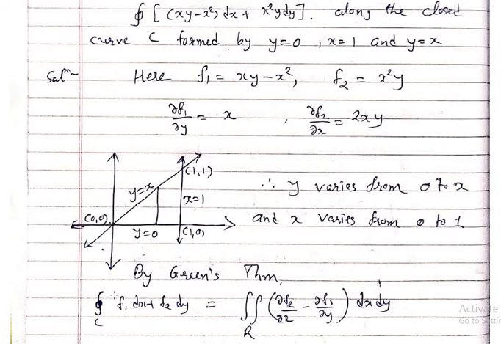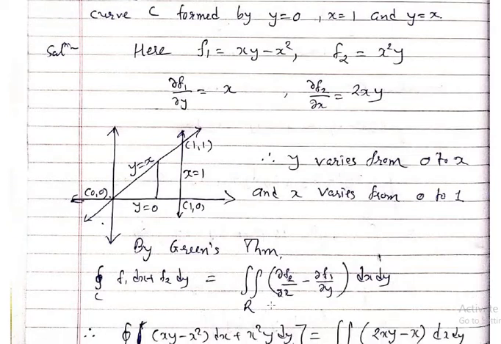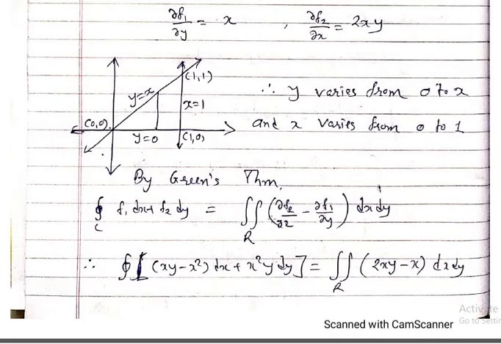So by Green's theorem, the closed line integration of f1 dx plus f2 dy is equal to the double integration of del f2 by del x minus del f1 by del y dx dy. Correct?